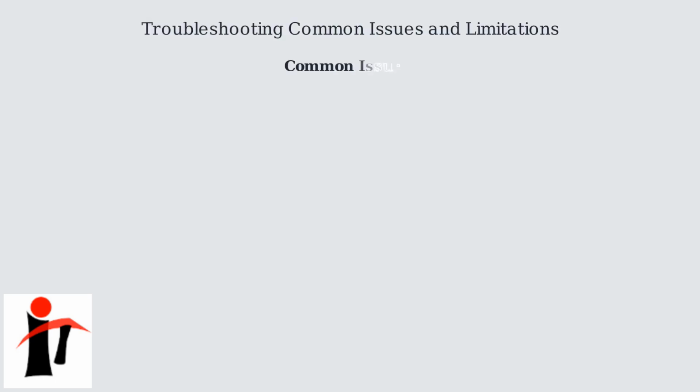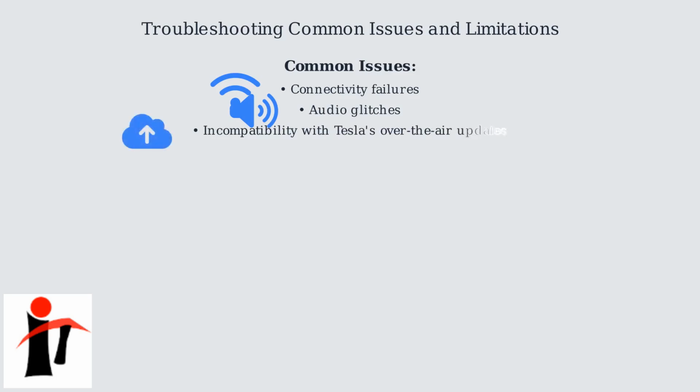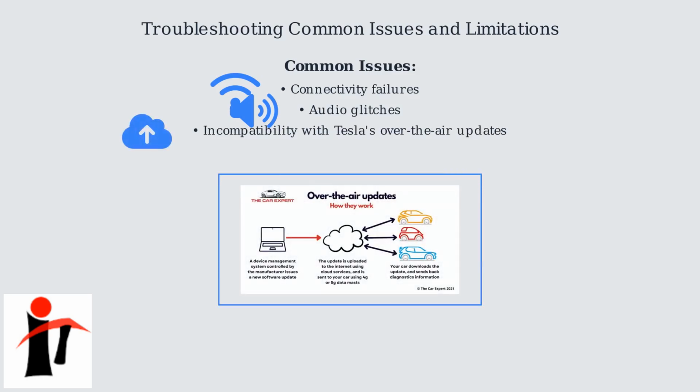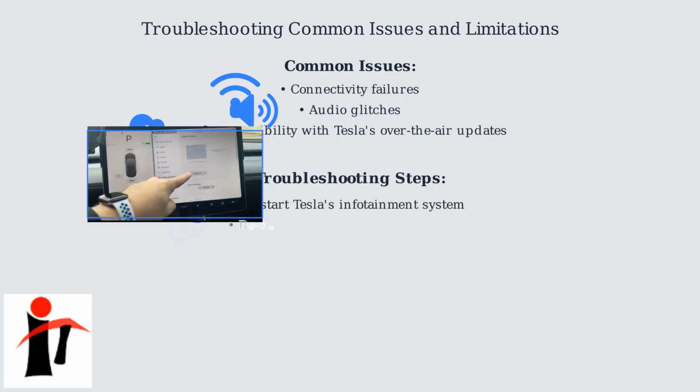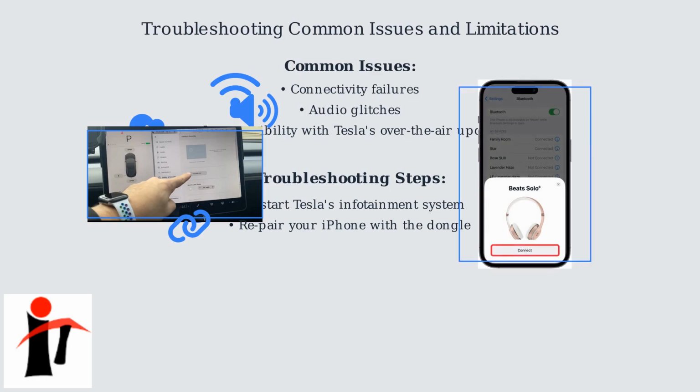Workarounds for CarPlay on Tesla Model 3 aren't perfect. Common issues include connectivity failures where the connection drops unexpectedly, audio glitches causing distorted sound or interruptions, and incompatibility with Tesla's over-the-air updates that can disable the workaround entirely. If something goes wrong, first try restarting your Tesla's infotainment system by accessing the Safety and Security menu and powering it off briefly.